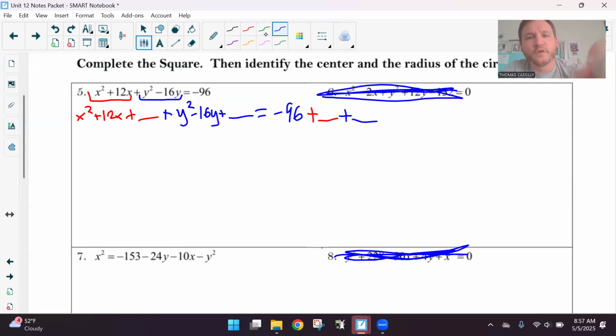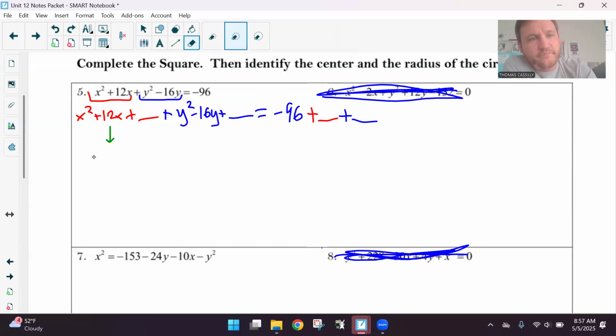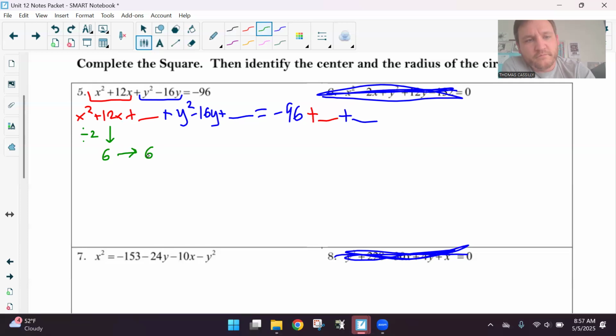All right. So let's just go in order and figure out what that's going to look like. We need to divide this by 2. So 12 divided by 2 gives us a 6. And then we have to square 6. 6 squared gives us 36. All right.